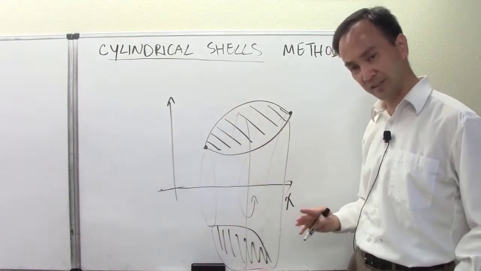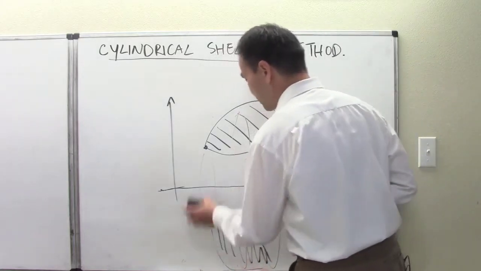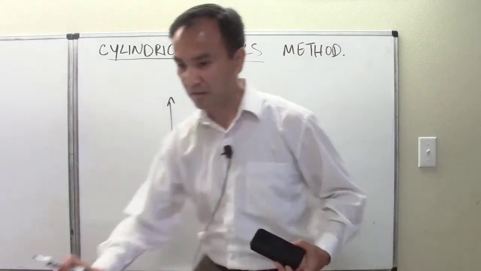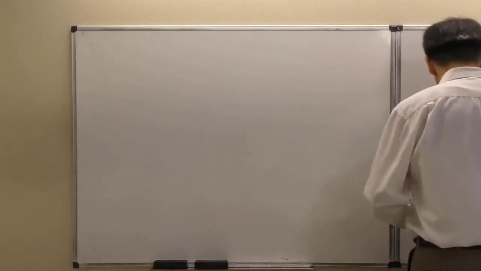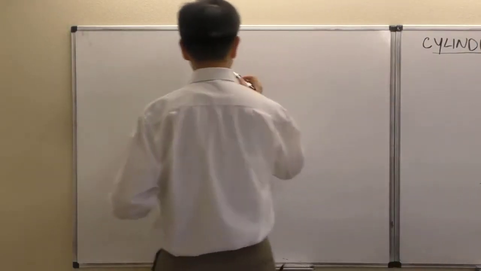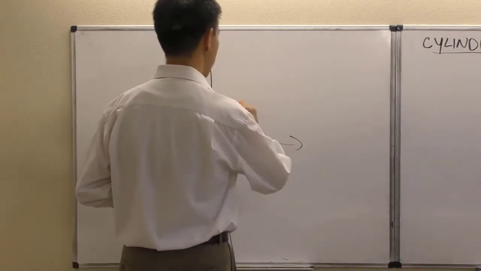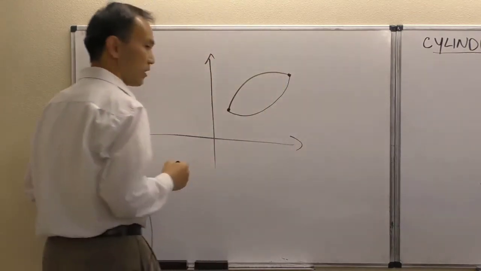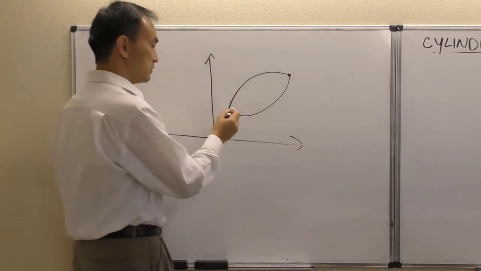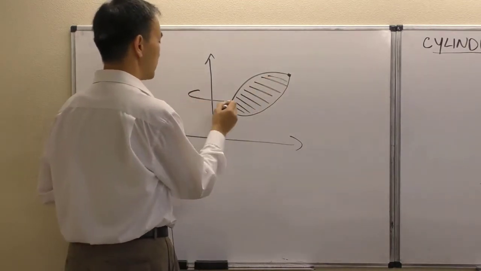But the same region here we already learned previously. Let me navigate to the other board, and I'm going to try to reconstruct the close-up picture of that region. That same region, we also learned the method to take the area enclosed in this region and rotate it around the y-axis.